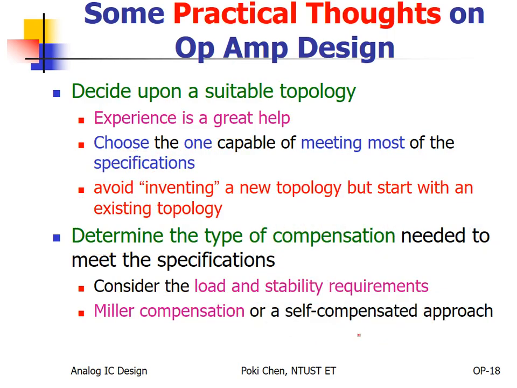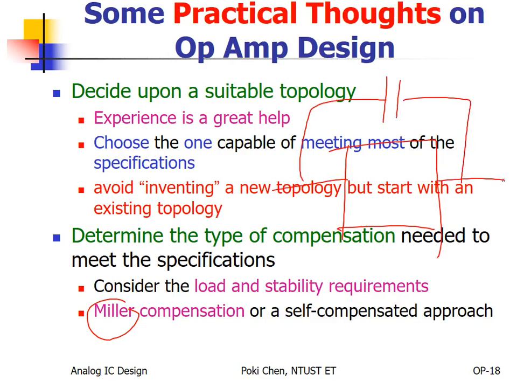Miller effect is usually a bad consequence. As I mentioned already, from the input to the output, this one will be increased substantially. We hate it because it will substantially reduce the bandwidth of your operation. That is the bad.